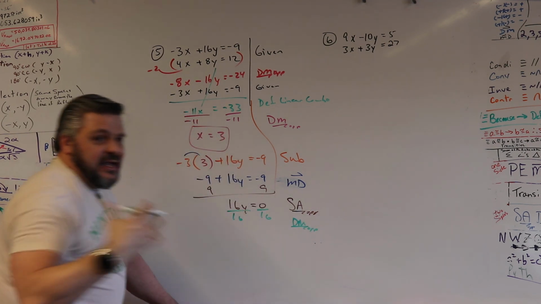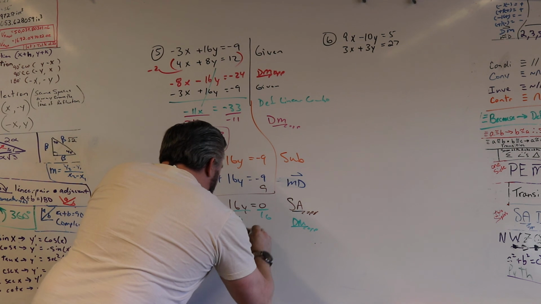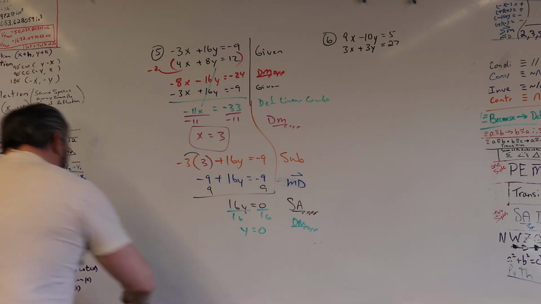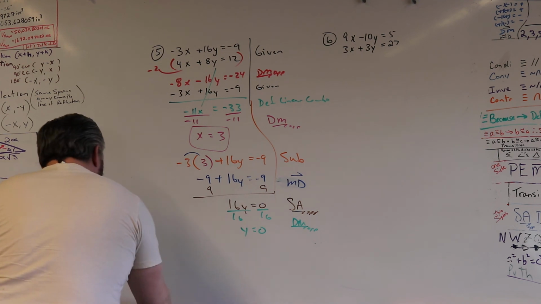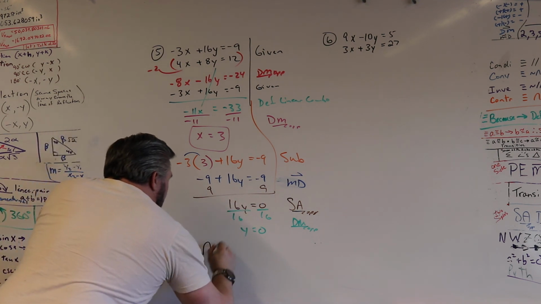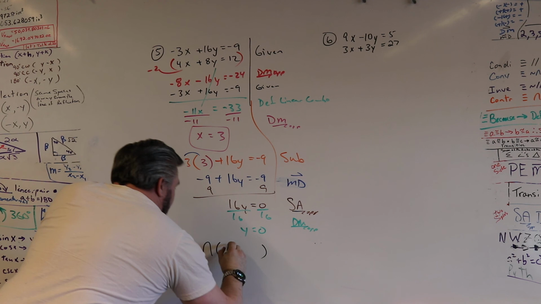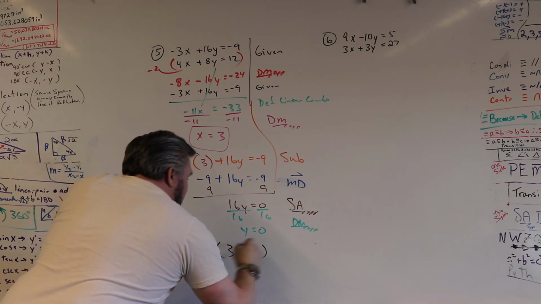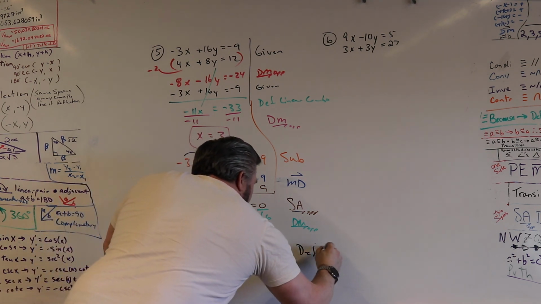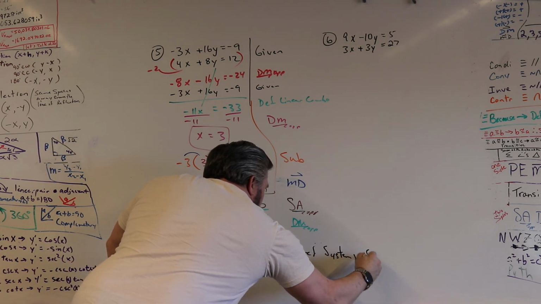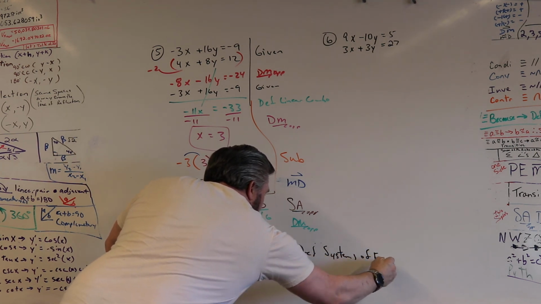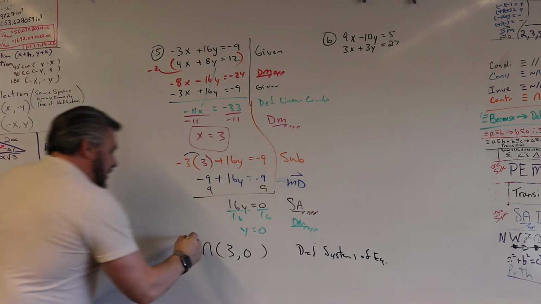And I can divide 0 by 16, I get 0, right? Okay, so I'm left with, let's do it in black, x, the intersection for x is 3 and y is 0. And that is the definition of systems of equations. Boom. That's our answer.